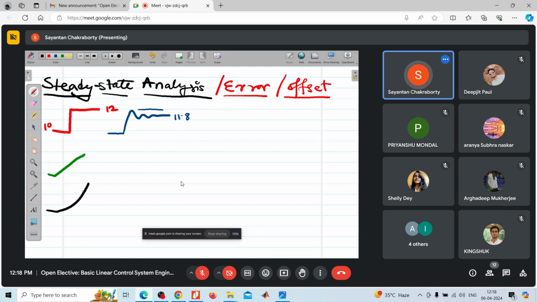So you have to identify why a system follows a step signal but cannot follow a ramp, or follows a ramp signal but cannot follow a parabolic input. What is the cause behind that? It is some physical condition inherently present in the system, that causes certain feedback, certain limitations. So let us discuss that.